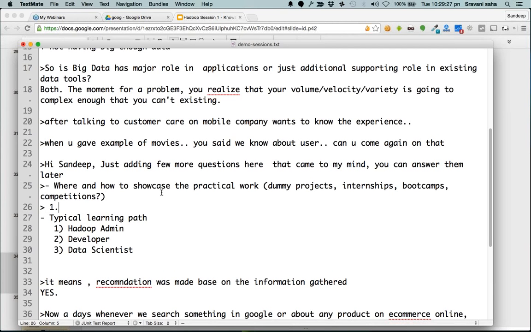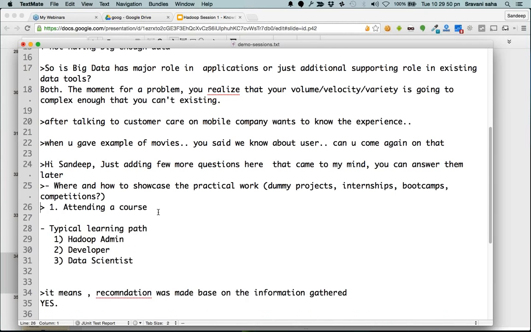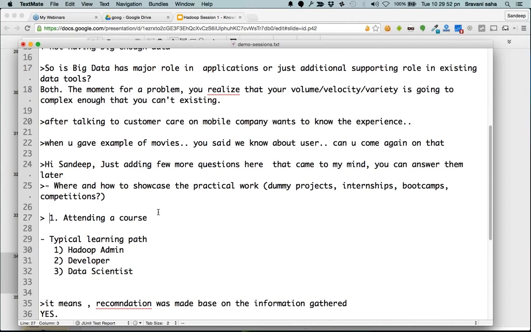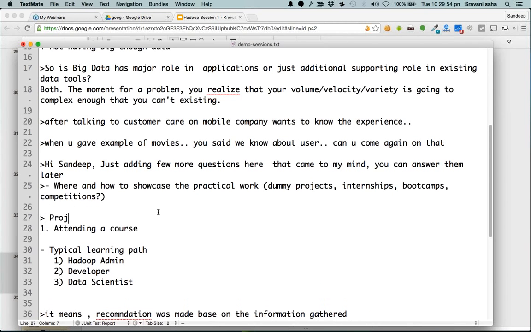If you are doing a training, for example, at NoBigData, any project you do with us, you can display it on your LinkedIn profile. Let me break down the projects.